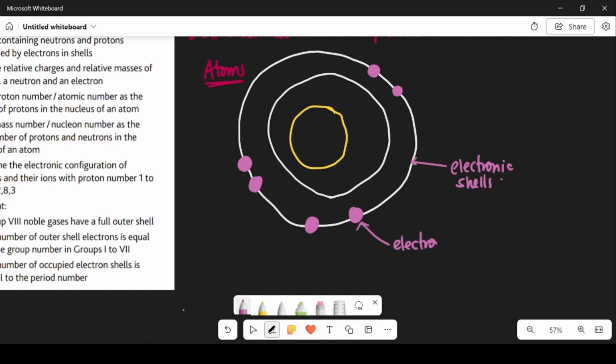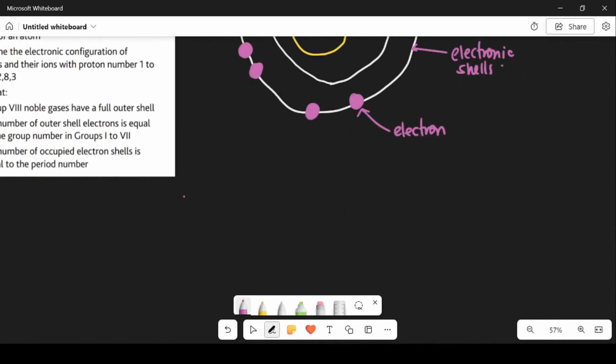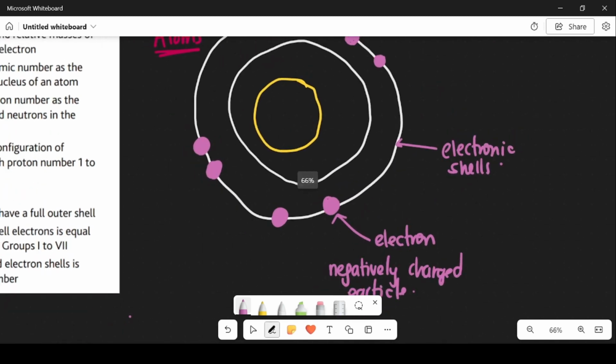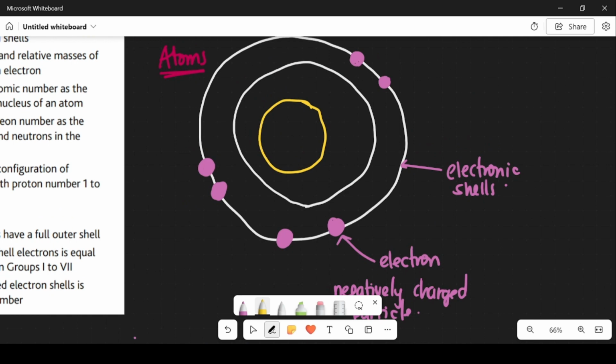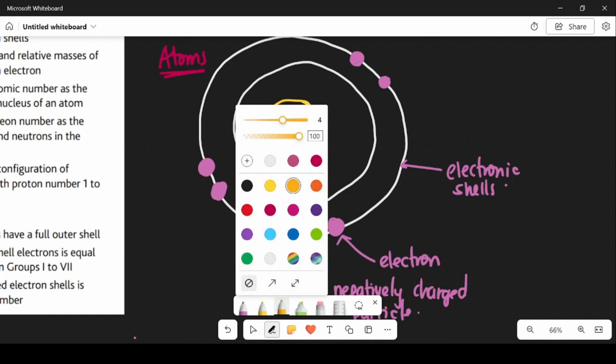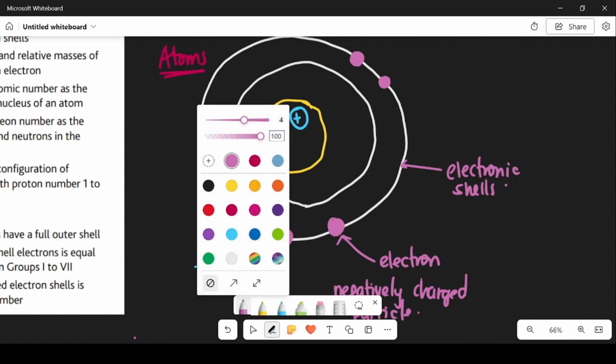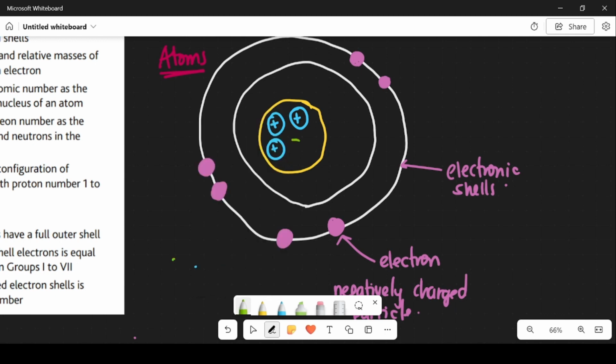An electron is a negatively charged particle. We're going to look more into this in a little bit. And then here we have the protons, and we also have the neutrons.